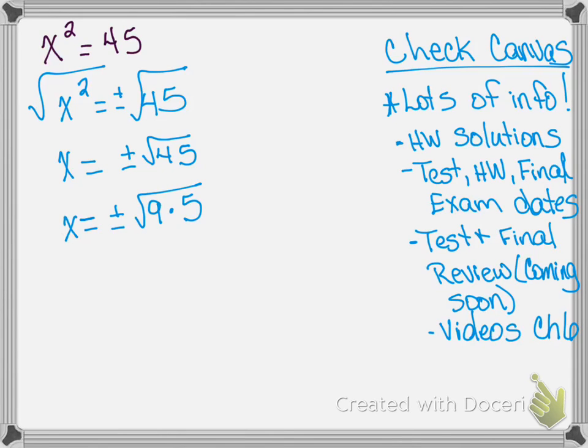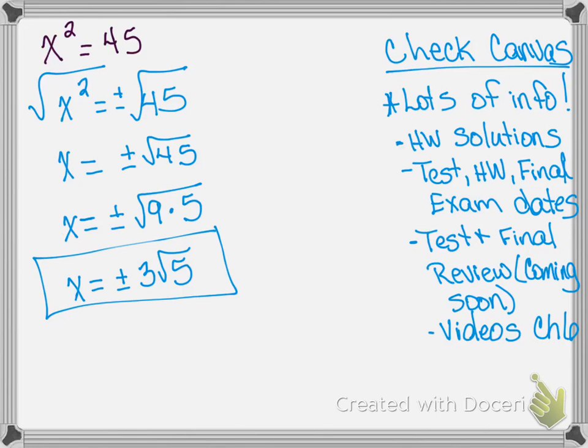Okay, can I take the square root of 9? I can. The square root of 9 is 3. So I'm left with x equals plus or minus 3 times the square root of 5. Okay, that's my solution. I've got two solutions, plus 3 square root of 5 and minus 3 square root of 5. So this is my final answer right here.